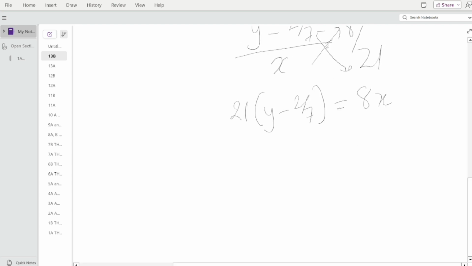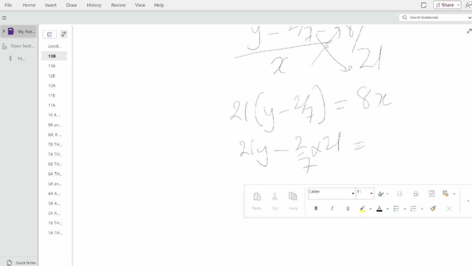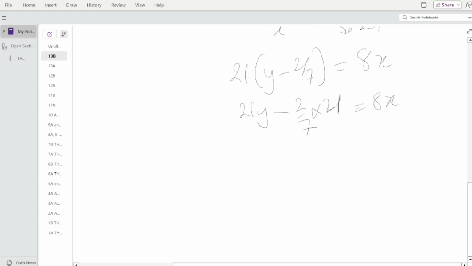We can open this bracket since this 21 affects the two of them. We can then open our bracket to say 21 times y and 21 times minus 2 over 7. 21 times y is 21y minus 2 over 7 times 21. 2 over 7 times 21 equals 8x. We can break this down, 7 here 1, 7 here 3.